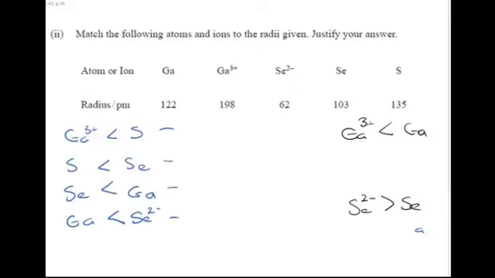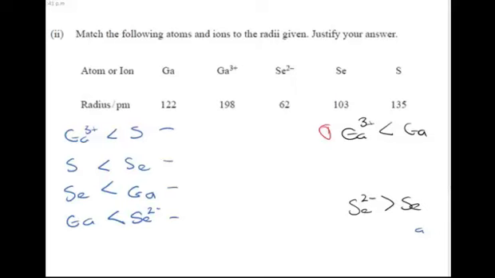Now this question could take a little while to actually explain. You could start by talking about just the ions: gallium 3+, having lost 3 electrons, has really lost an electron energy level, and there's going to be less electron repulsion going on here.